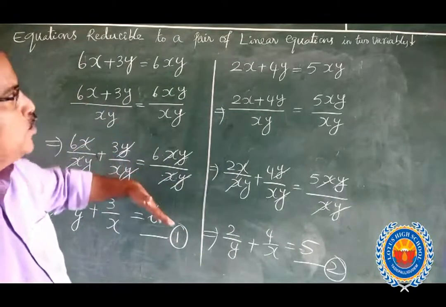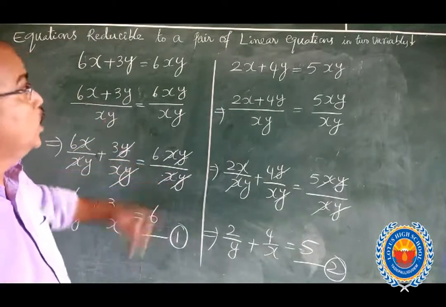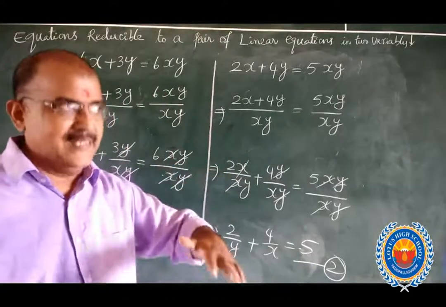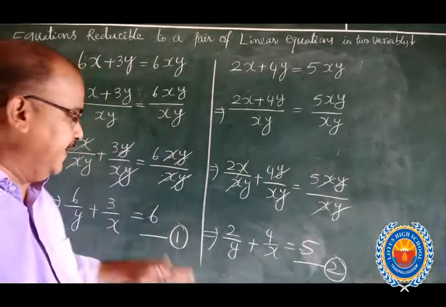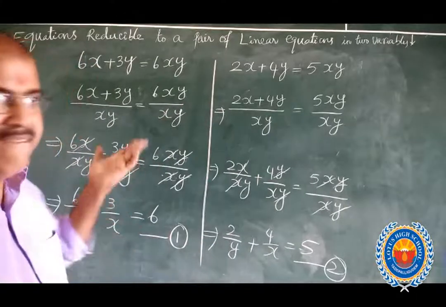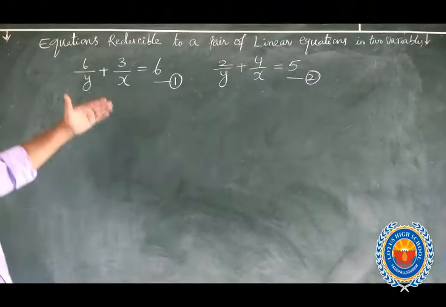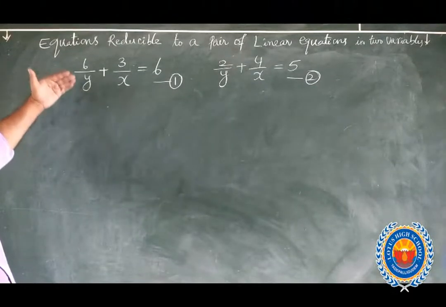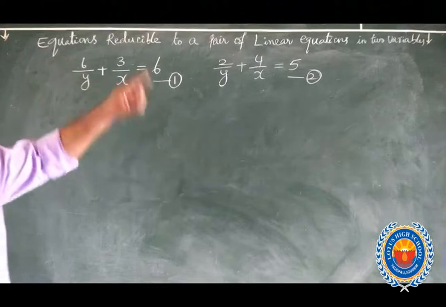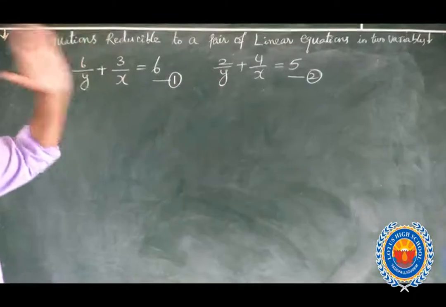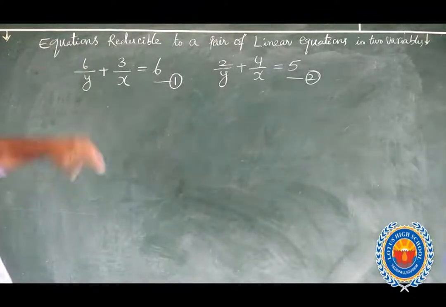We have to reduce these two equations to a pair of linear equations in two variables, like the old method, so that we get x and y values. Here you already know how to do it: 6 by y plus 3 by x is equal to 6 is equation 1, and 2 by y plus 4 by x is equal to 5 is equation 2 that I just got.